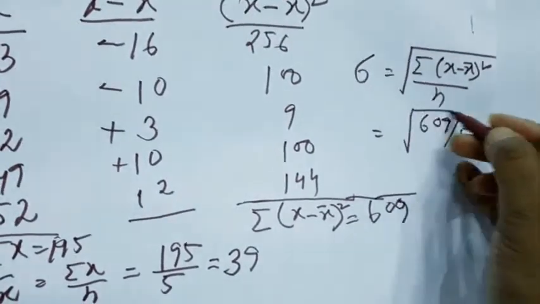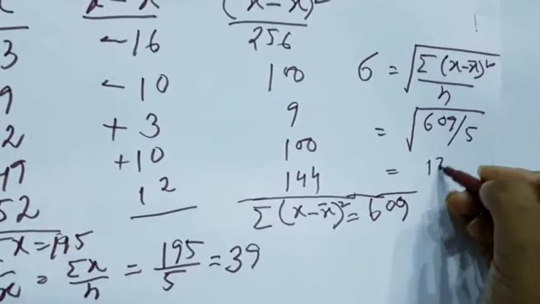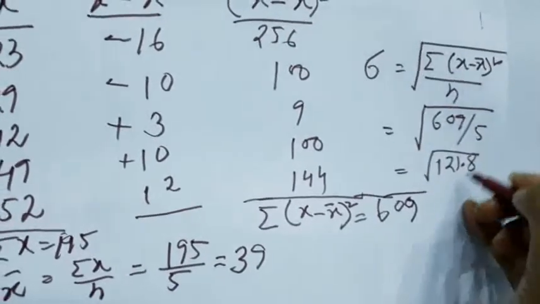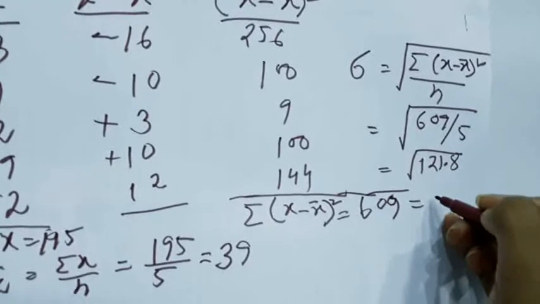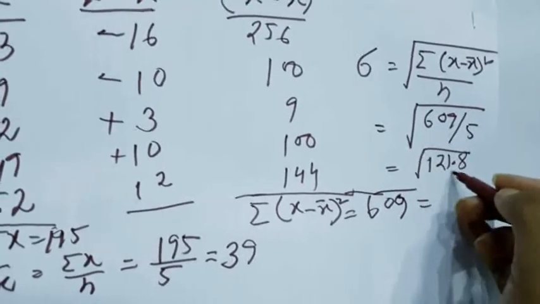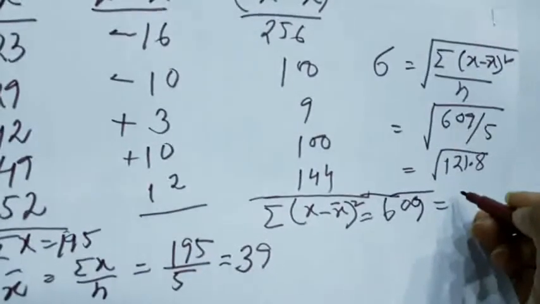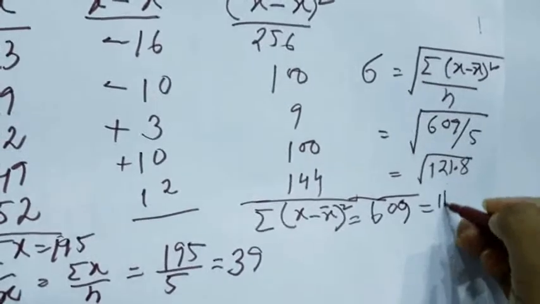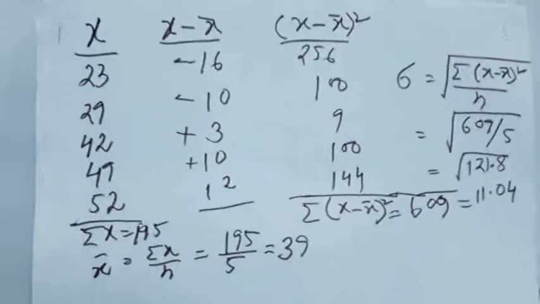Okay. Root over. Then if we divide it, we will get 121.8. Right. Okay. Now if we take the square root of 121.8, you put this value in the calculator, you will get 11.04. Okay.